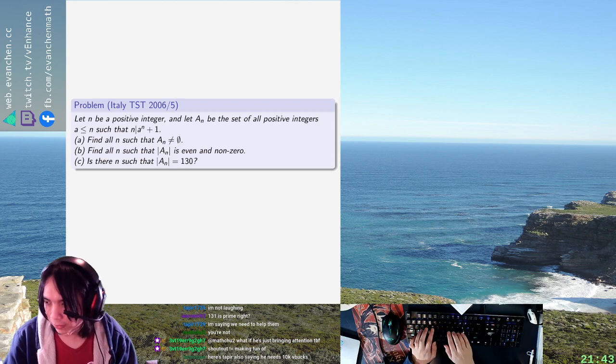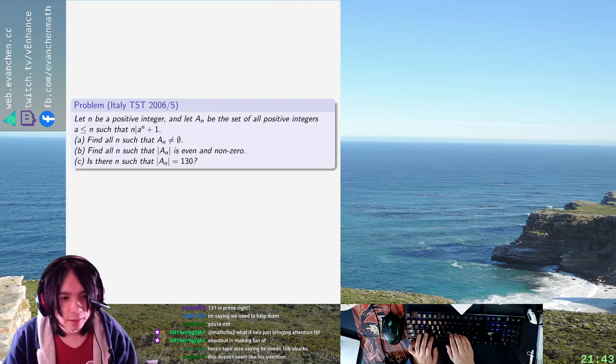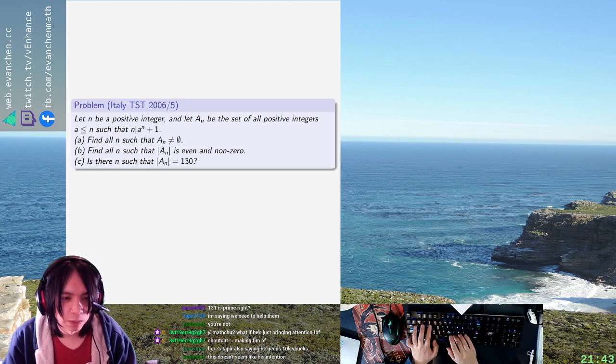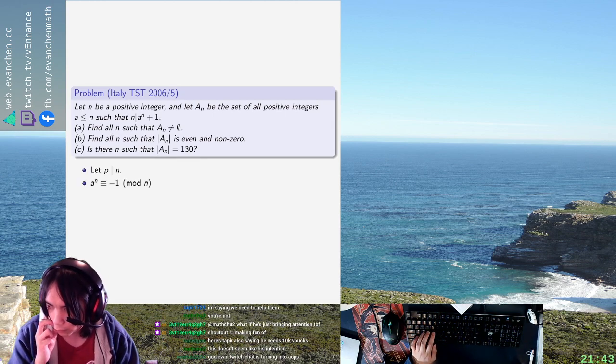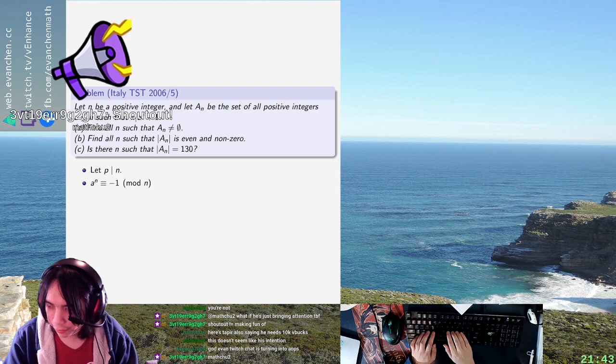So a to the n minus 1 is minus 1 mod n. Oh, okay, let p dividing n be minimal. I'm going to try to show p is 2. I think that's probably what's going to happen. So a to the n is minus 1 mod p.